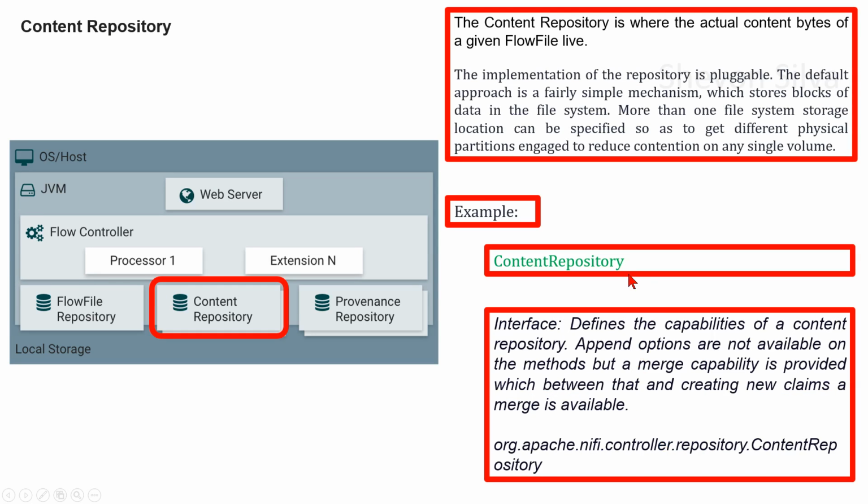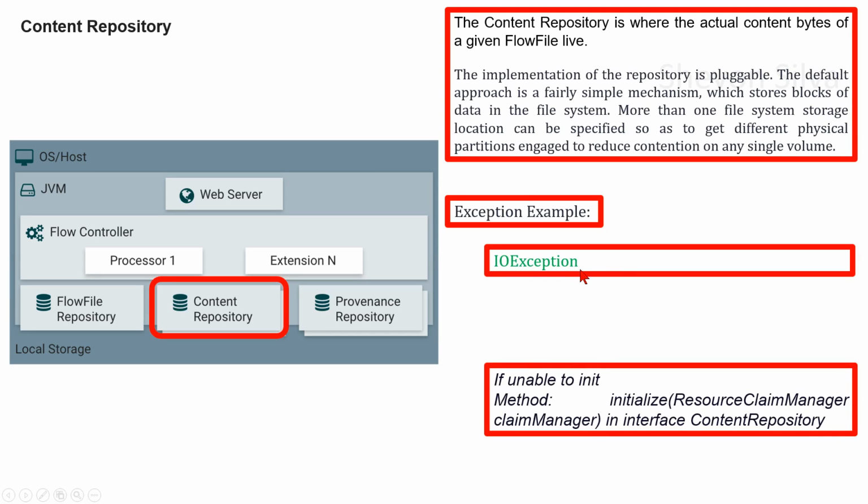As an example, we can consider the content repository interface. It defines the capabilities of a content repository. Append options are not available on the methods, but a merge capability is provided, which, between that and creating new claims, covers the need.